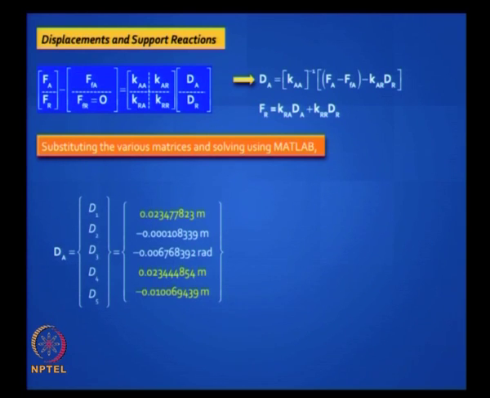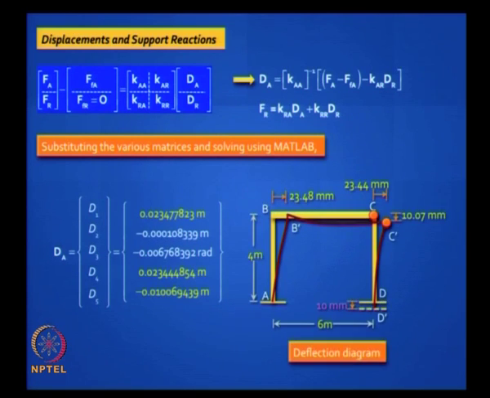Then you solve for the unknown equations, the method is the same, and you will notice that the deflections have increased substantially compared to the previous problem. Now you have a sway of 23.4 mm, that's how you interpret the dA vector. D1 is a sway you get at B, which is shown in yellow, and D4 is a sway you get at C. Okay.